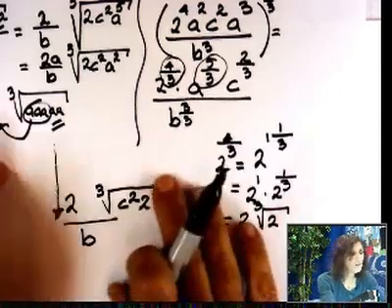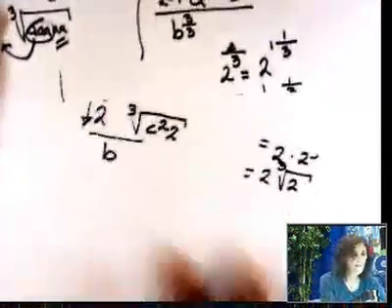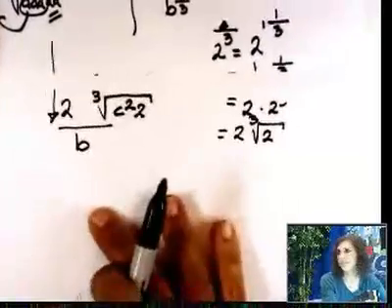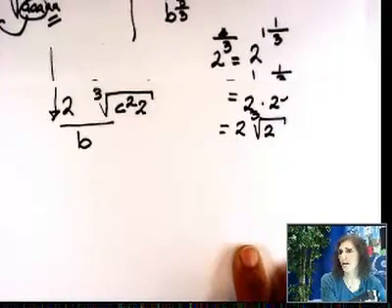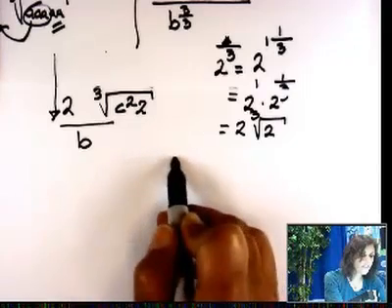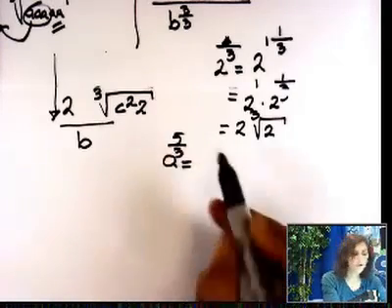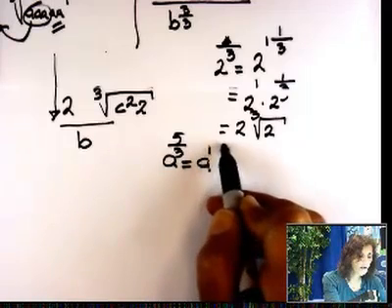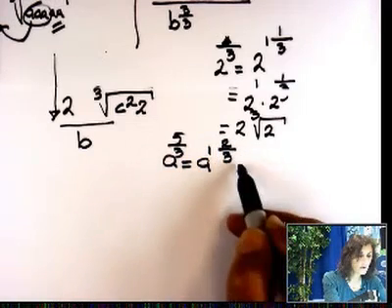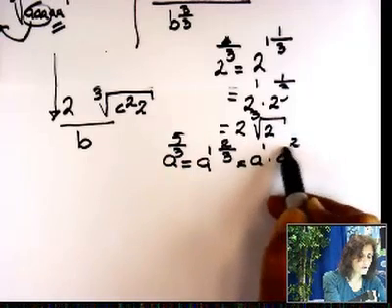Now let's deal with the other one, a to the 5/3, the same way. Okay, a to the 5/3. Change it into a mixed number: a to the 1 and 2/3, which is the same as a to the 1 times a to the 2/3.